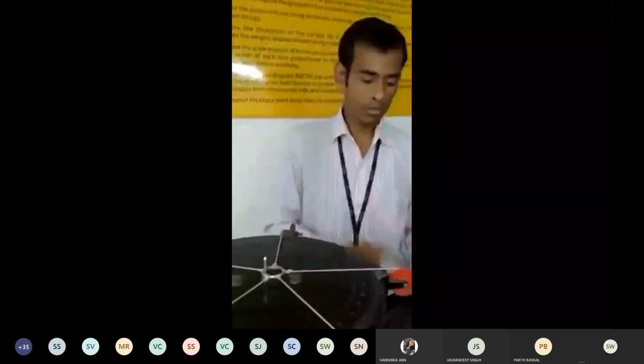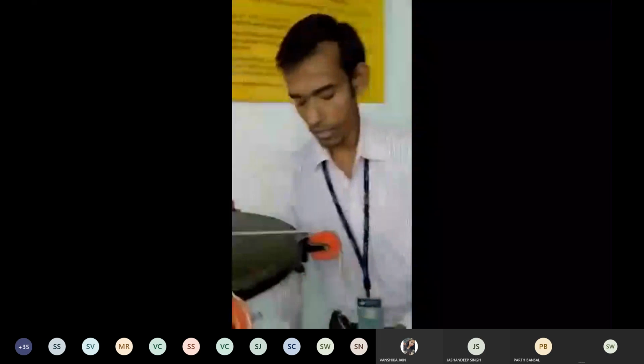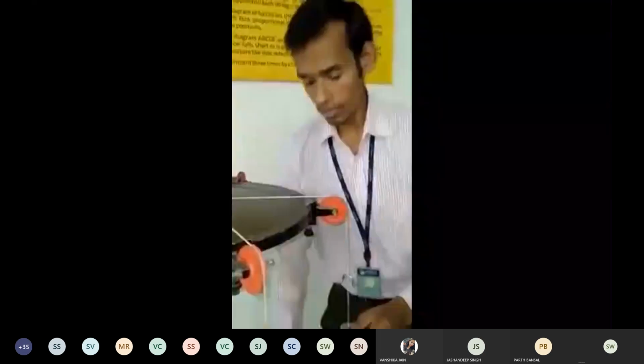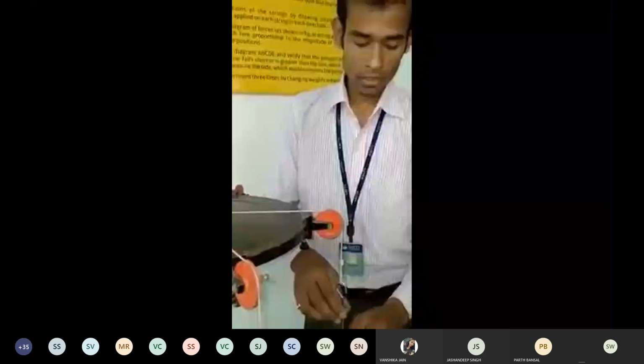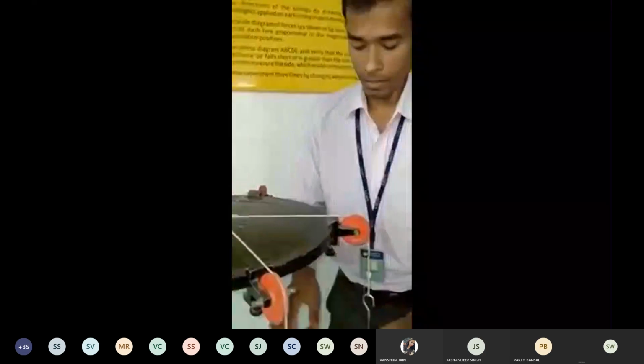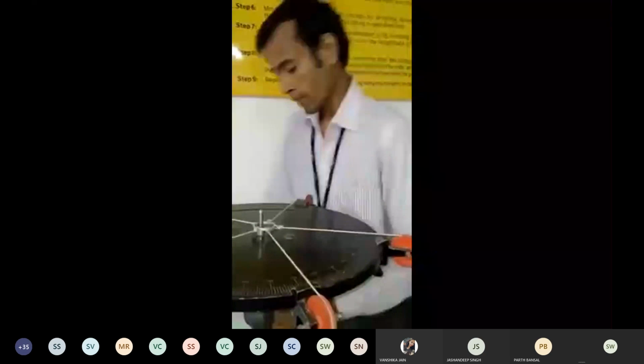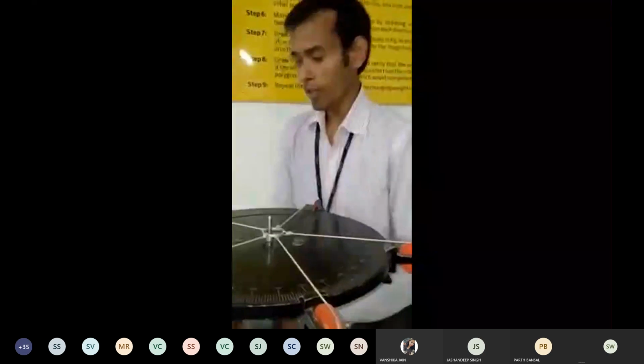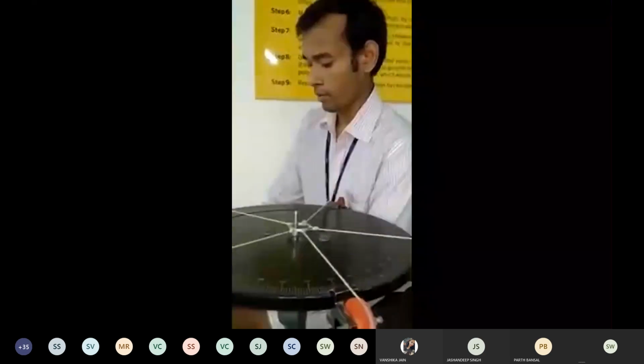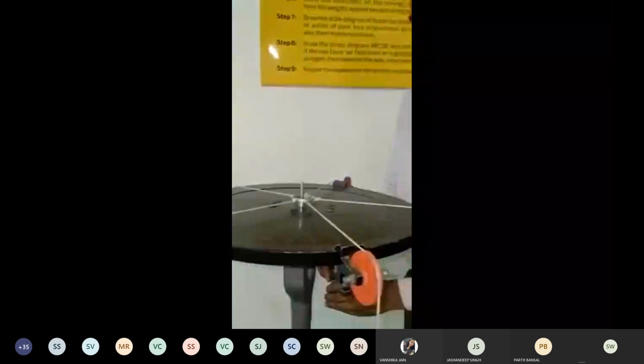We have to put the weight in a way on the different pulleys so that this ring should be in the center position. Now he is doing it. You can see he's taking out the weight here, and he's showing how this ring comes in the center part. You can see now he's putting some weight on some other pulley so that this ring is properly adjusted. Now it is clear to you.